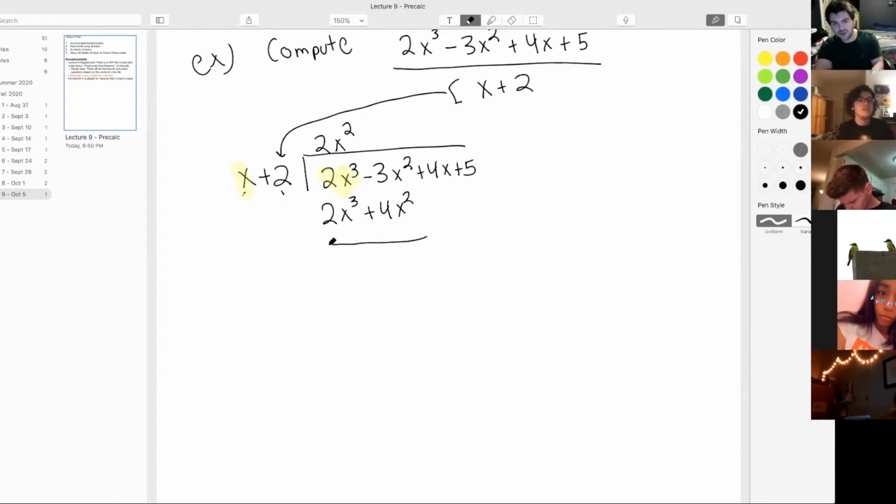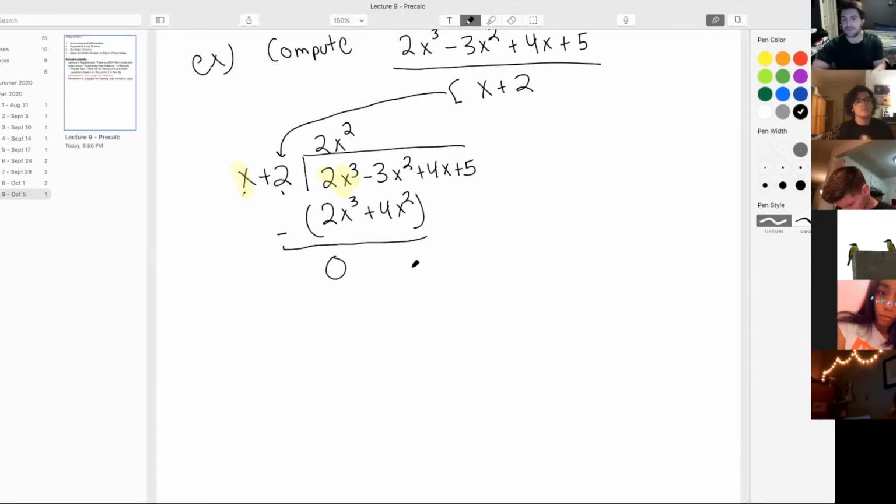Okay, and now you subtract. So you put a minus sign and you put parentheses around this. I really would like to see everyone put parentheses around this because it can lead to errors. And now you just subtract. So 2x cubed minus 2x cubed is 0. That's really always going to happen by our setup. And now you do negative 3x squared minus 4x squared.